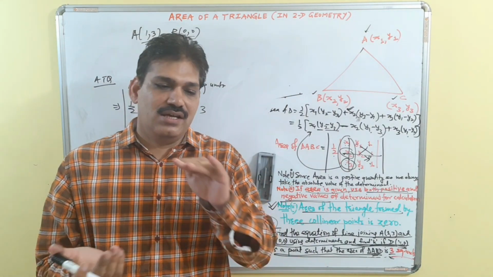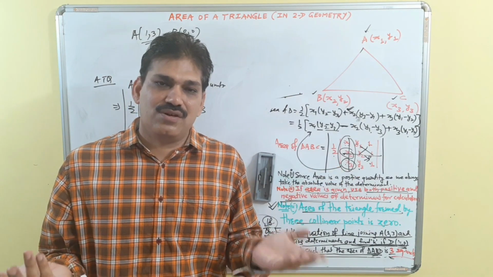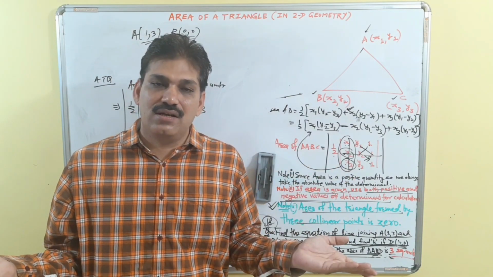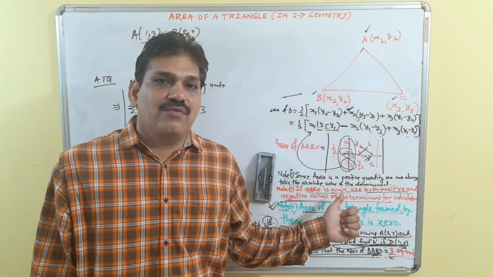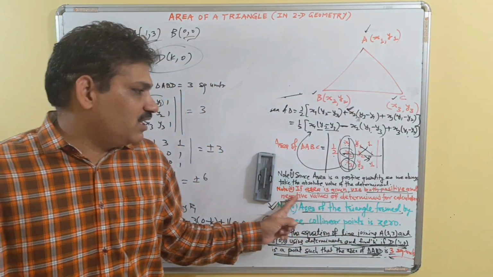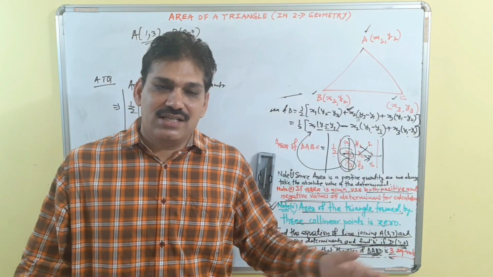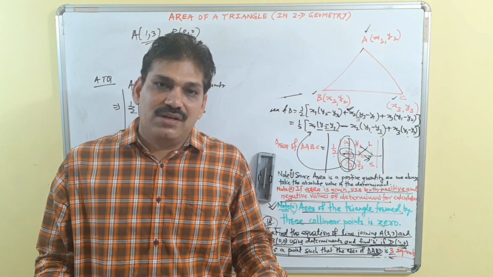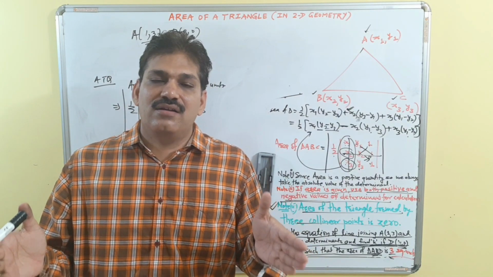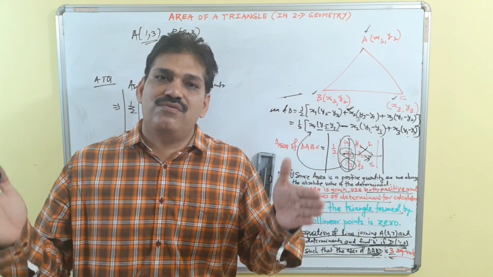The area of triangle APB must be 0 because A, P and B must be collinear. And if we are to find the value of some unknown, then while calculating the area, we will take both positive and negative, that is, we must take the absolute value of the determinant so that we can find all the possible values of k.